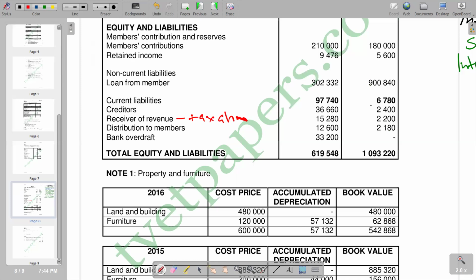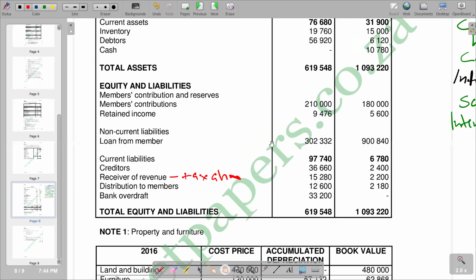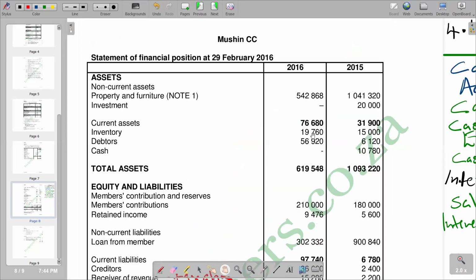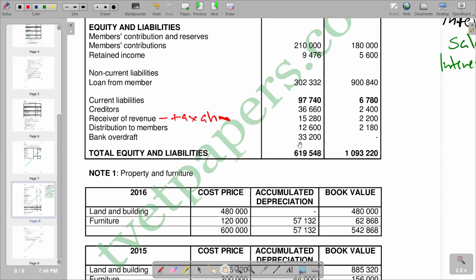Remember our years, we have 2015 and 2016. So 2015 is the opening and 2016 is the closing. We've got an opening balance of an accrual of taxation, which is 2,200, and then the closing, which is 15,280.